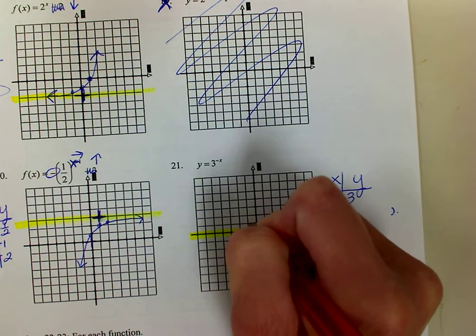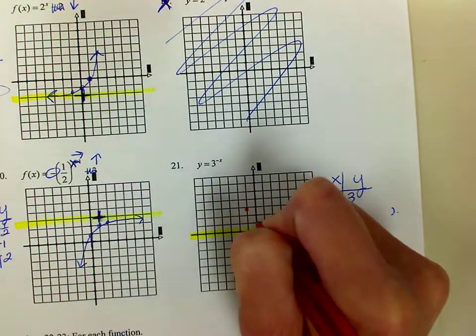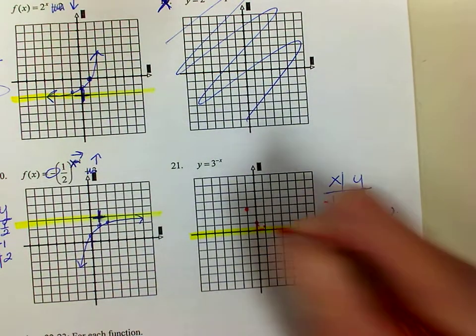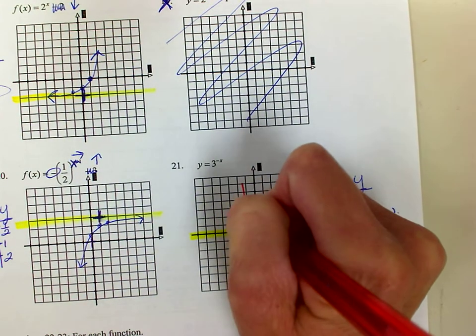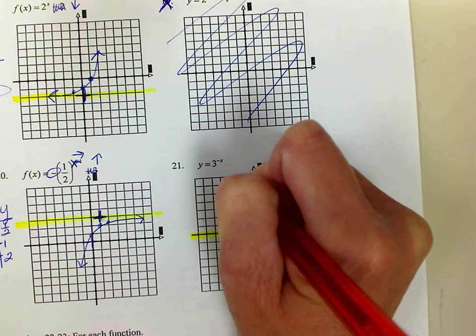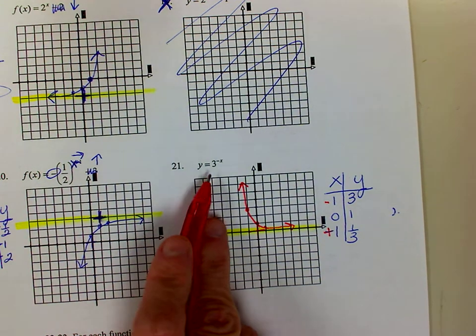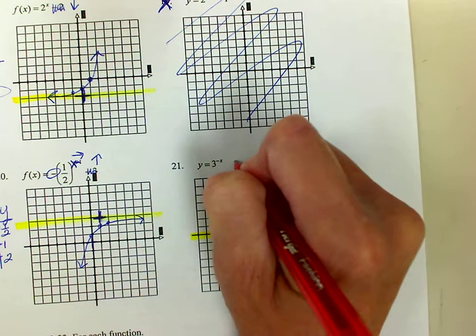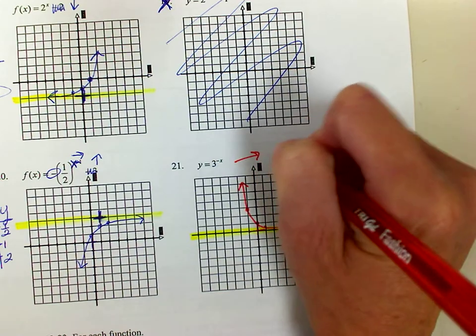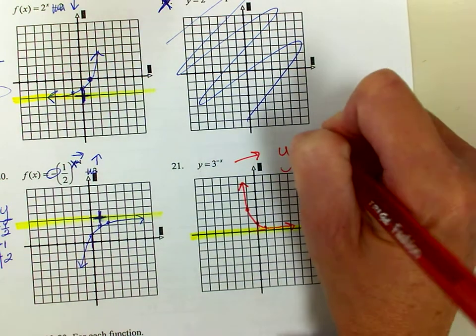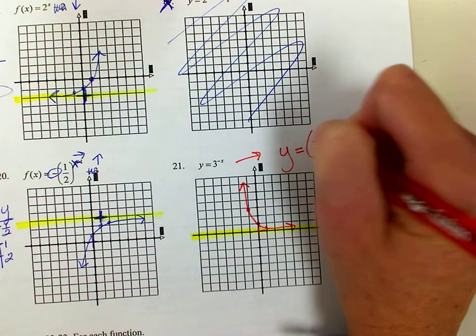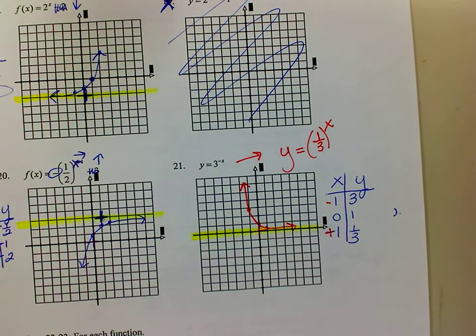So negative 1 up 3, 0, 1, and then over 1 up a third. So we have exponential decay. Now you would think it might be growth because the base is greater than 1. But if you recall, if you have a negative exponent, you do the reciprocal of the base, and then the x becomes positive.